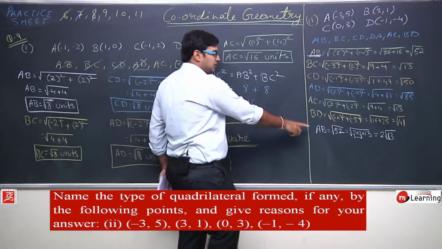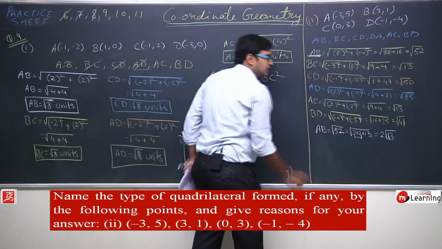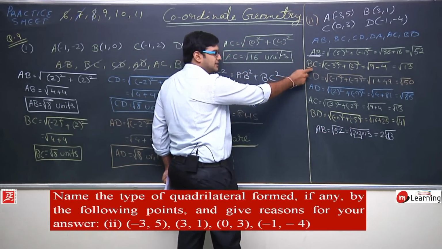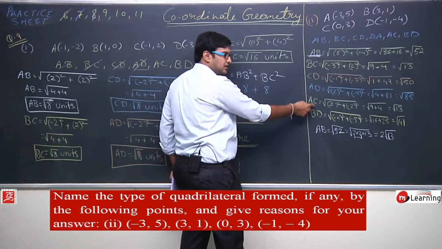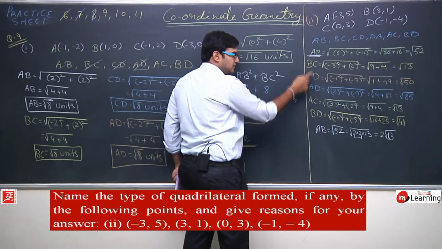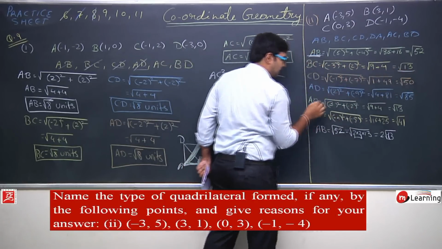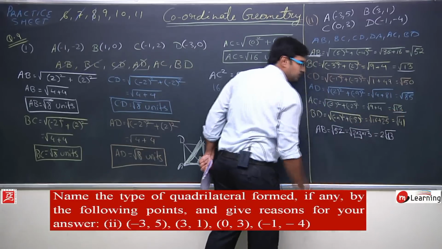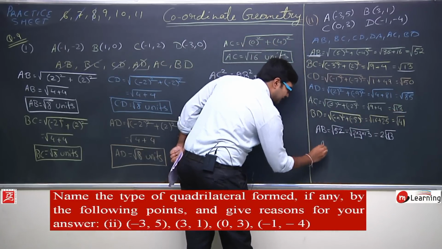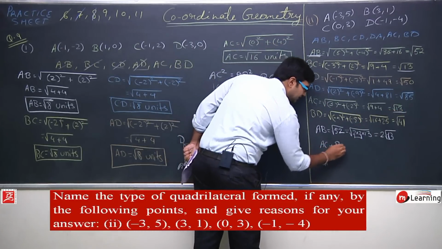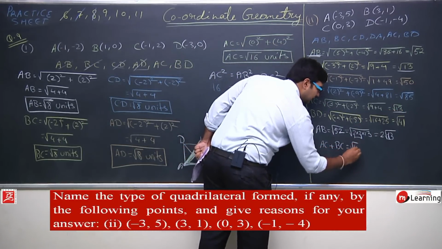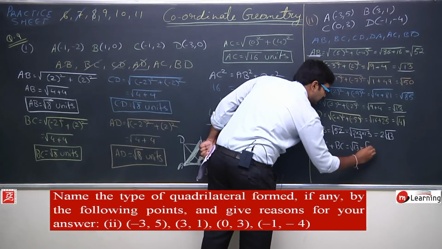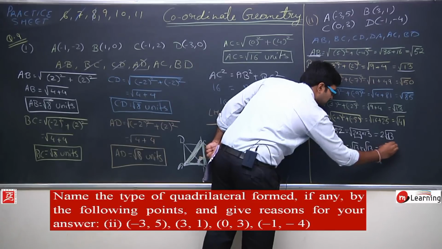Just observe this, if AB is 2 root 13 and if I add BC and AC, you can see BC is root 13 and AC is again root 13. So when you add AC and BC, it will give you root 13 plus root 13, that is 2 times root 13.